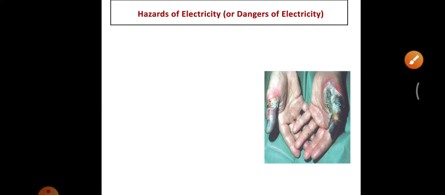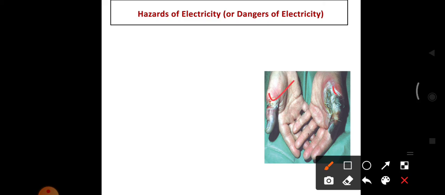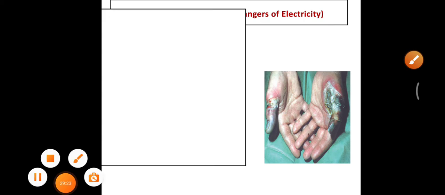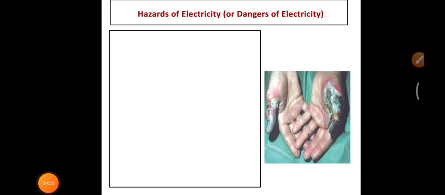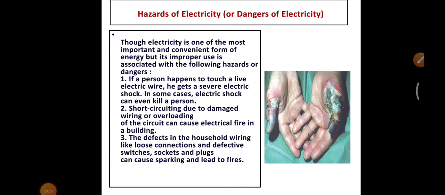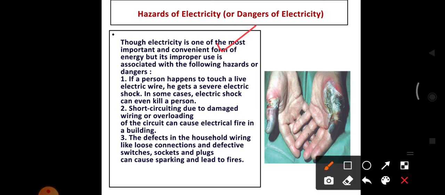And what are the hazards of electricity or dangers of electricity? See in this image. Electricity is one of the most important and convenient forms of energy, but its improper use is associated with the following hazards or dangers. When we are using electricity in an improper way, we will face the dangers.